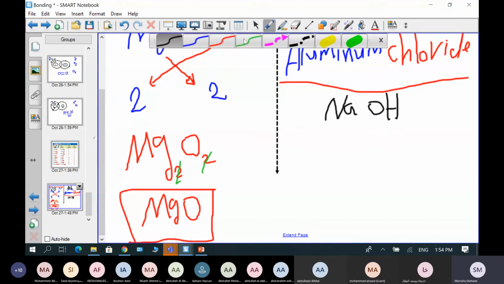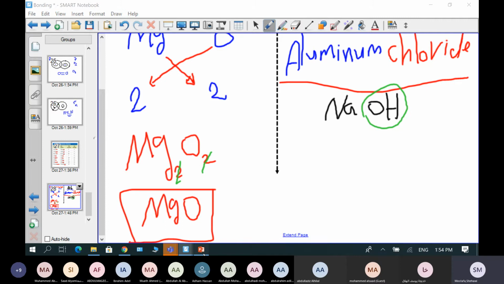That OH here is called a polyatomic ion. It acts as a negative ion, like Cl minus, for example. We don't deal with OH as oxygen and hydrogen. No, we deal with it as one single ion. It reacts in chemical reactions as a single ion.